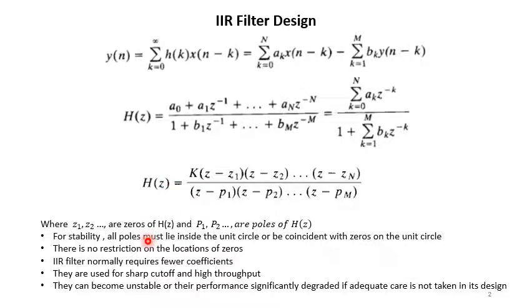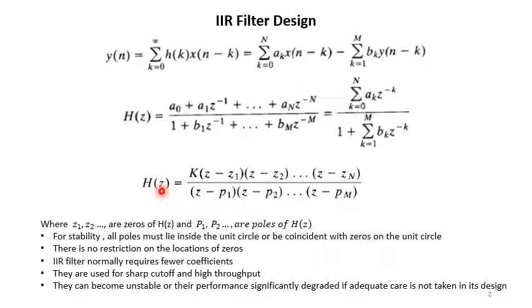For stability, you understand that poles must lie inside the unit circle. The ROCs are the regions where the system response converges.